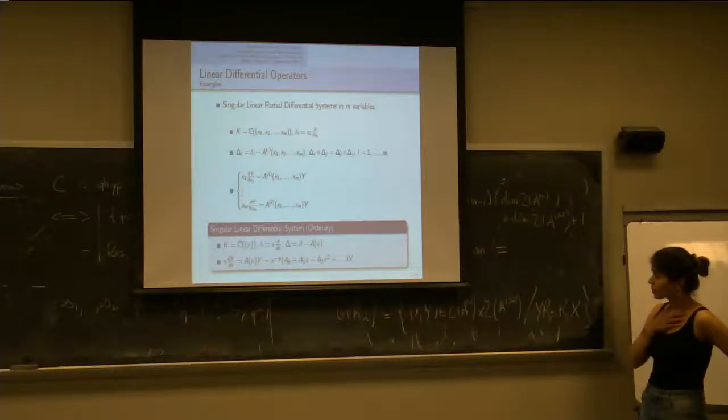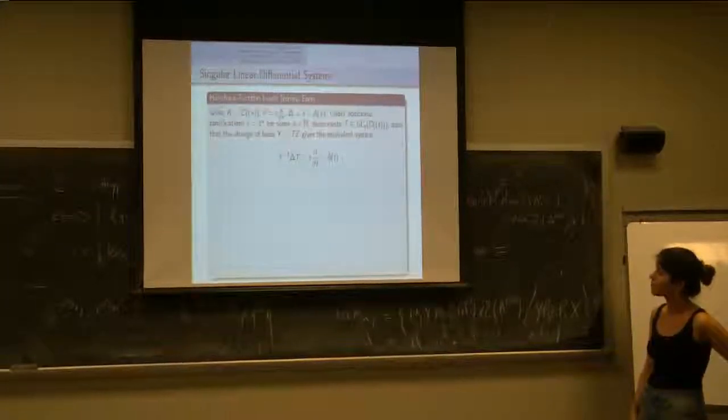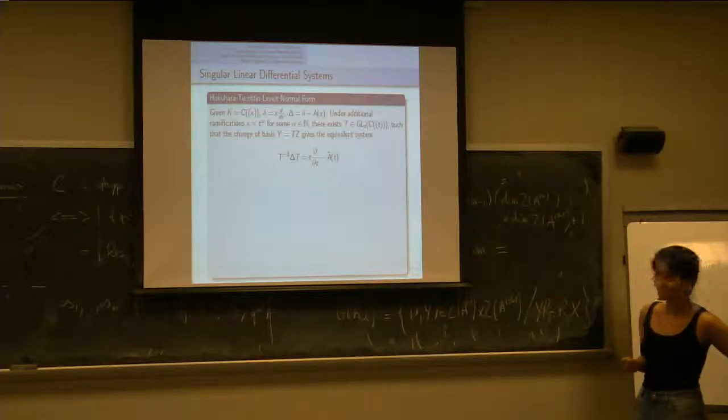This kind of system is well known. This is a result by Turrittin in 1955 and then by Levelt in 1975, that these systems have a normal form which can be explicitly prescribed, and it is very close to the Jordan decomposition of linear operators.